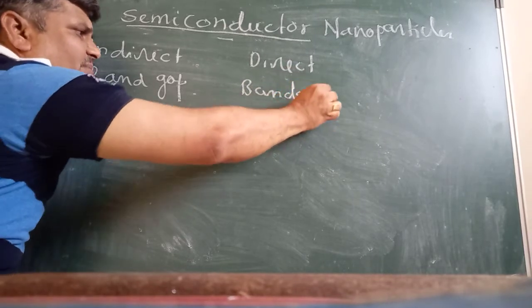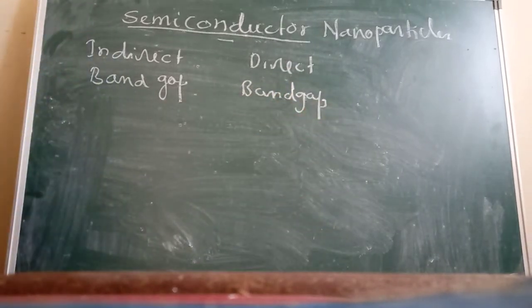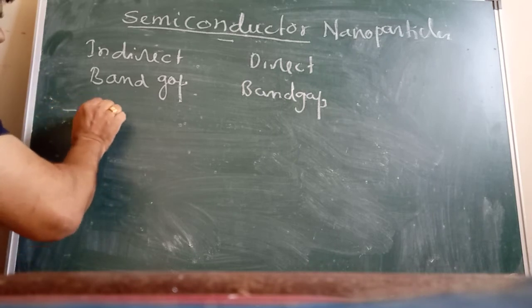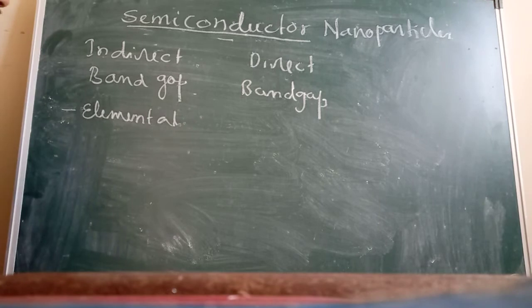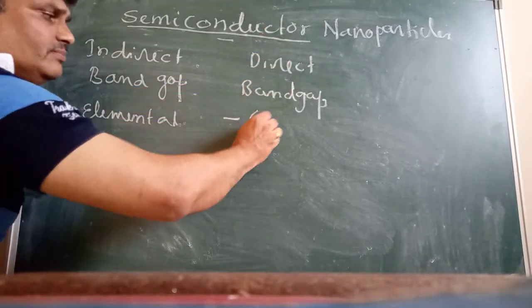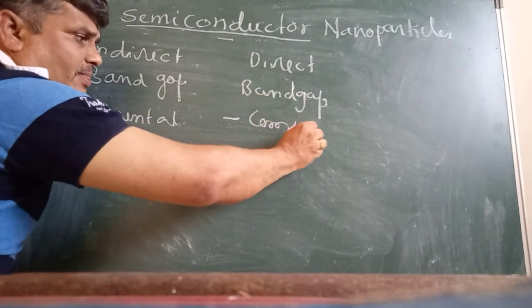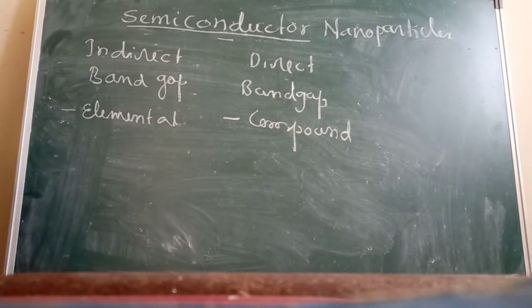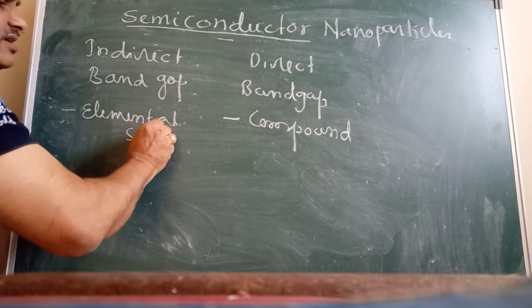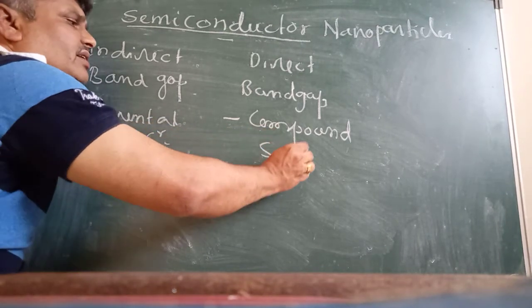It is found in the elemental semiconductors, while the direct band gap is found in compound semiconductors.